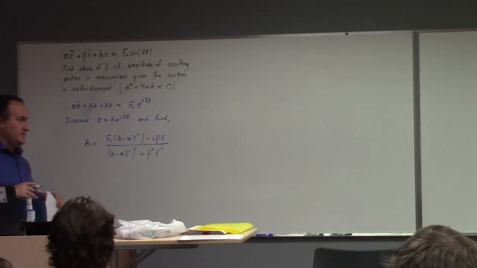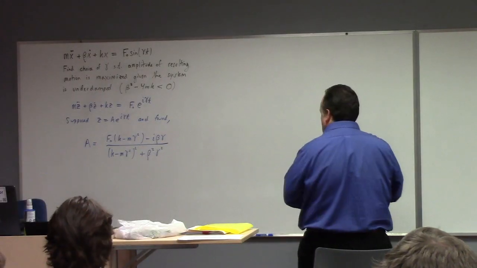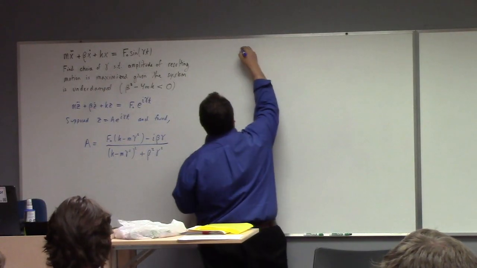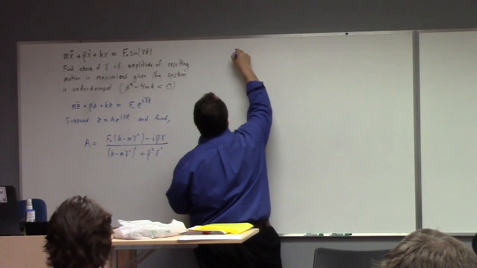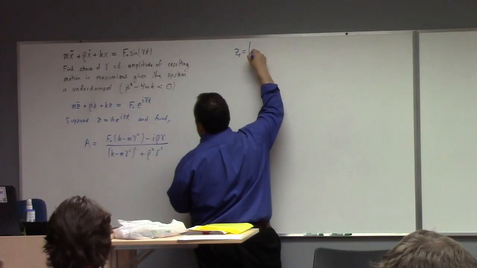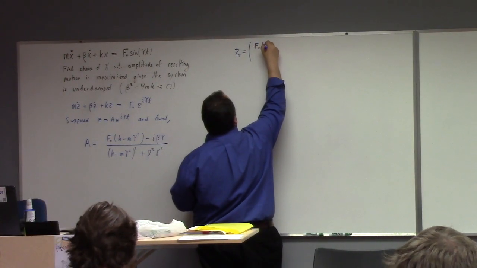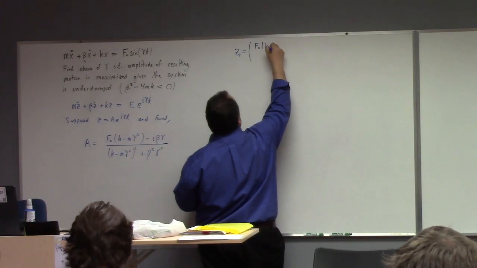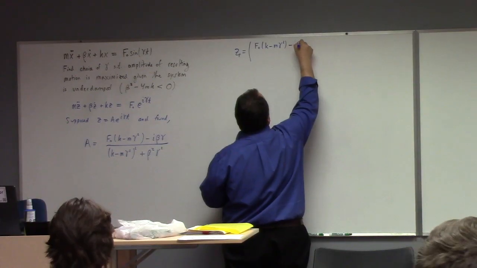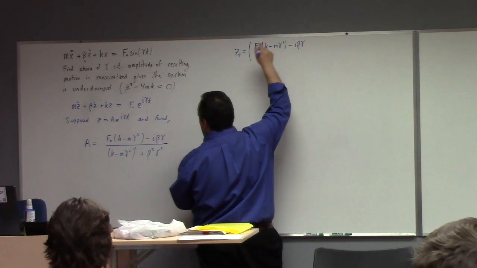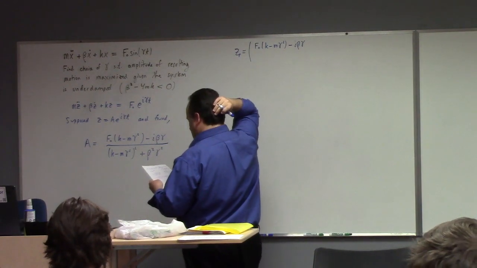Now, to find the real solution here, I need to look at my zp, which has the form, that business right there. I should have just written it once up here if I was smarter. Oh well, too late. K minus m gamma squared minus i beta gamma. I think the f naught, does that f naught multiply everything?